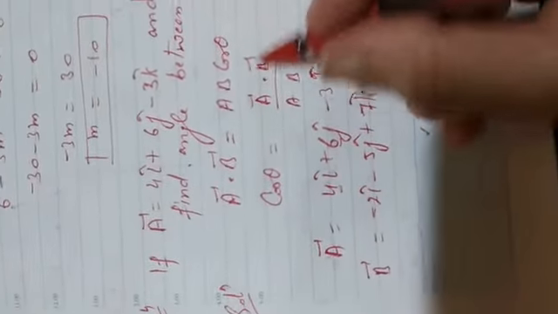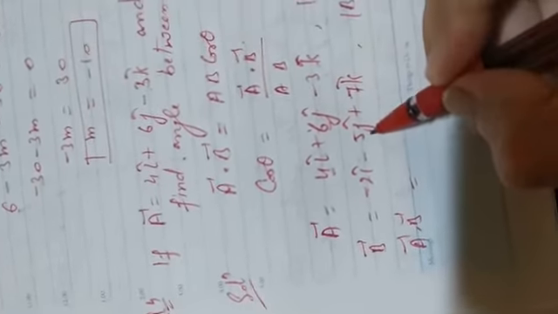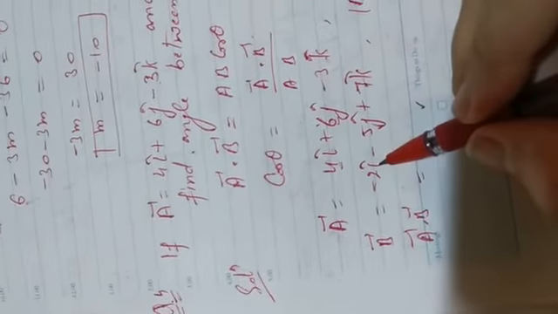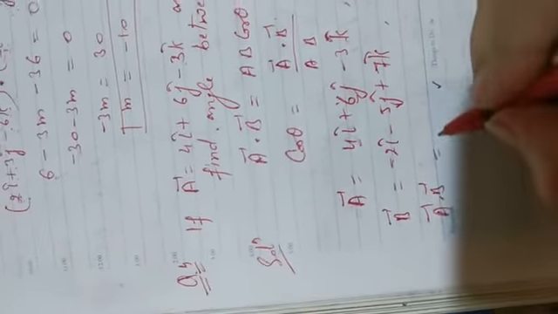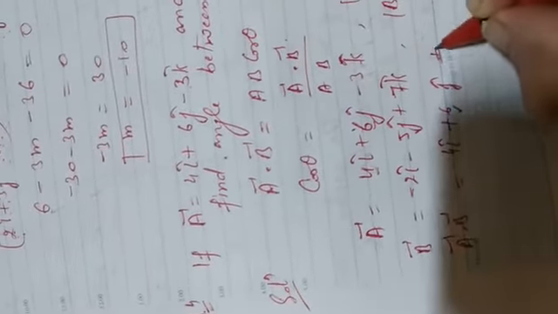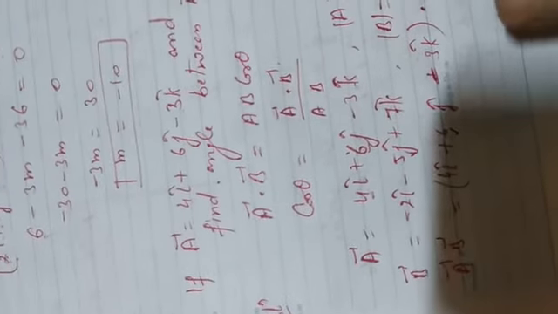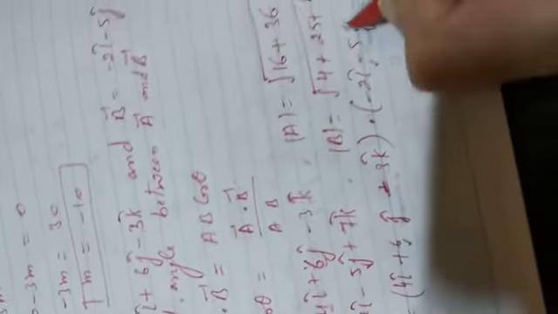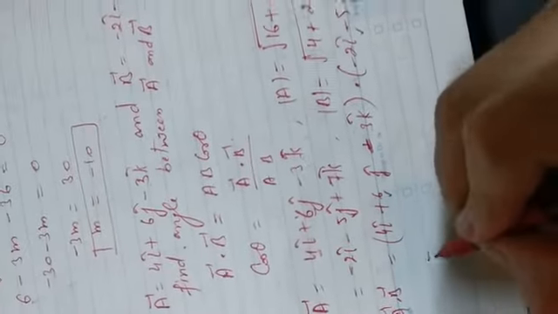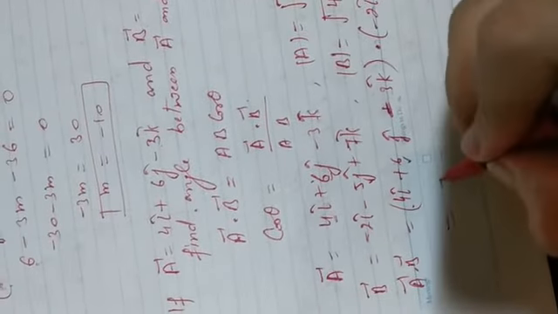Now we will find a dot b, vector a dot vector b. Now how can we find it? a is 4i cap plus 6j cap minus 3k cap dot minus 2i cap minus 5j cap plus 7k cap. I dot I will be 1, so 4 times minus 2 is minus 8.